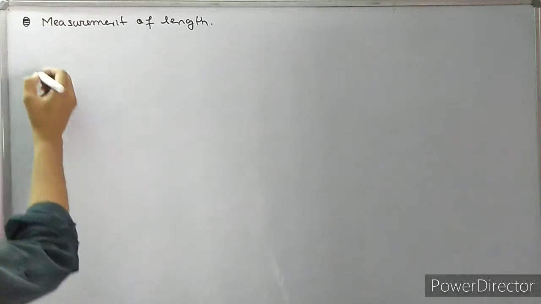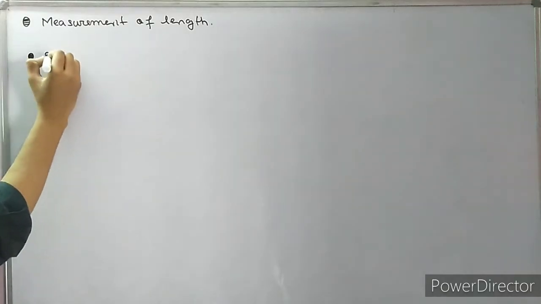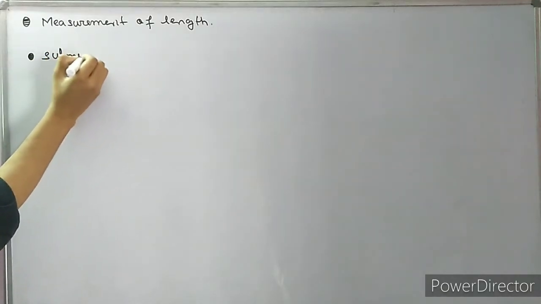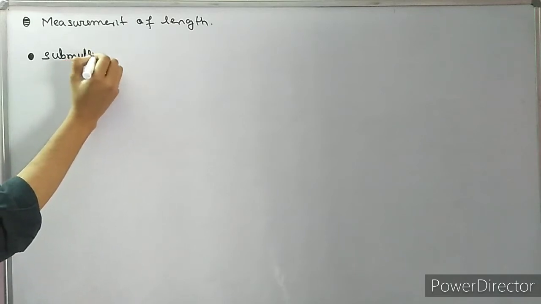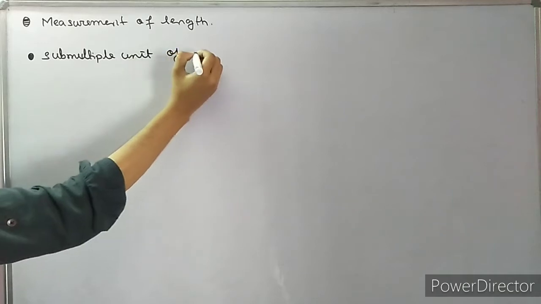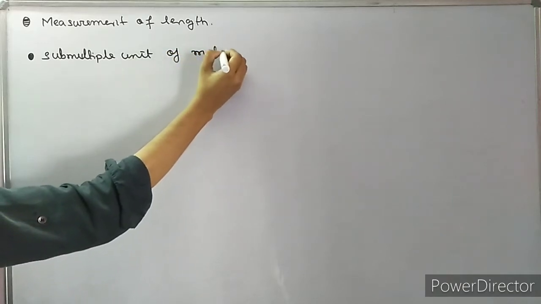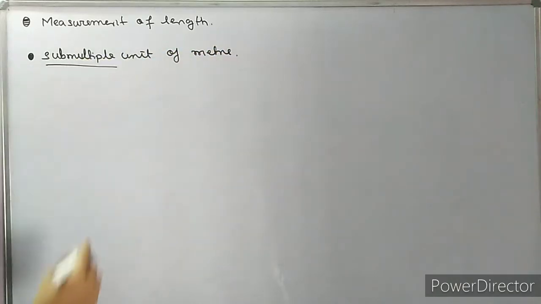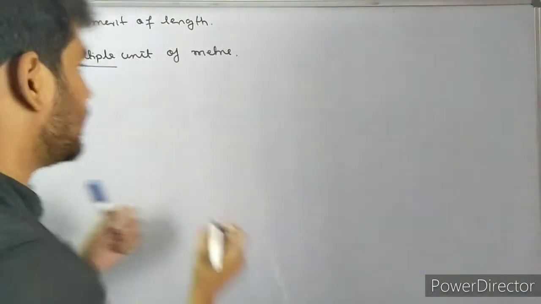Okay. Next we move on to the sub-multiple units of meter. Sub-multiple means smaller than meter.